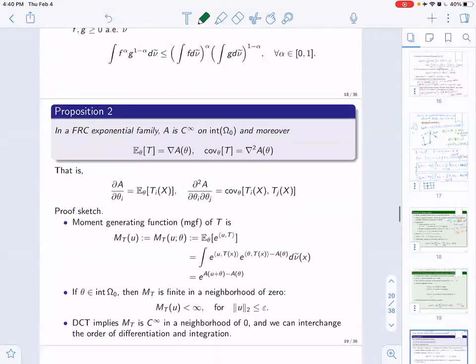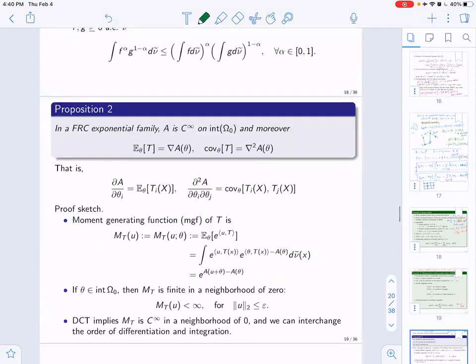The next proposition, which is also interesting, is that in a full rank canonical exponential family, A is C infinity on the interior of the domain. And C infinity means that it's differentiable and the derivatives are continuous. And this holds for all orders. Infinity means all the derivatives.